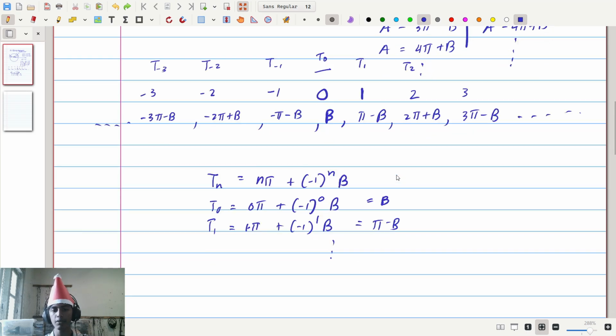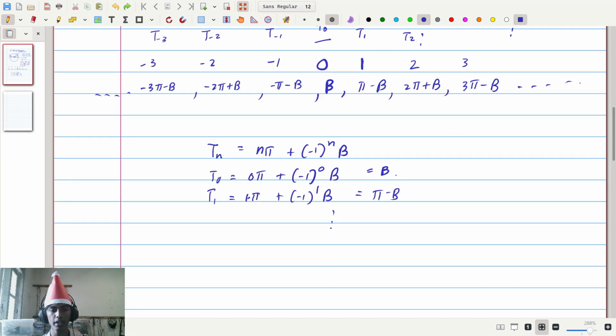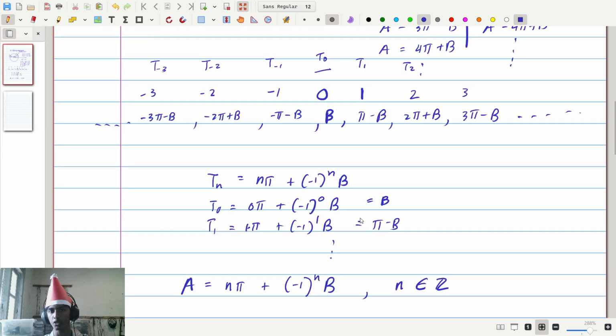So here, if we express this in a common way, we can say that a is equal to n pi plus negative 1 to the power of n times b, and the condition that we need here is that n is an integer. For all the integer n's, substituting it into this formula will give you one possible solution.